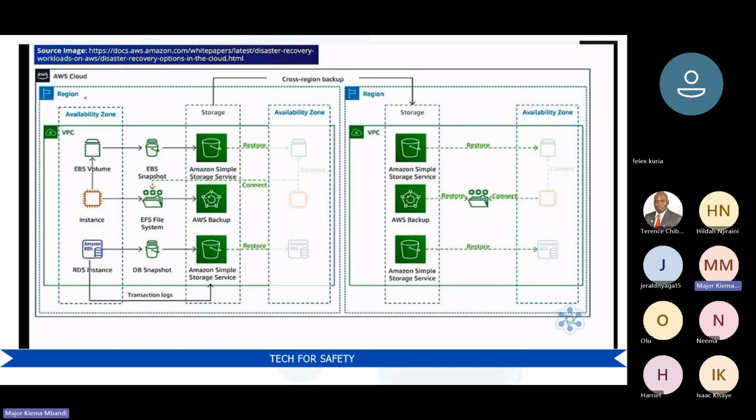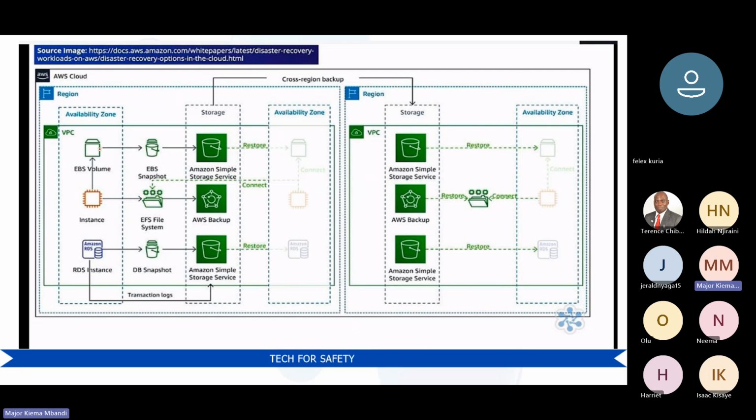So you have region A. I was trying to load the annotation tool. Then now we have region B on this other side. So you have deployed your application in an availability zone. So you can have your EC2 instance here. You can have your RDS instance. And then the EC2 instance is making use of an EBS volume as a storage option.